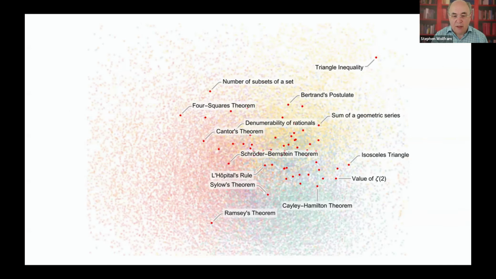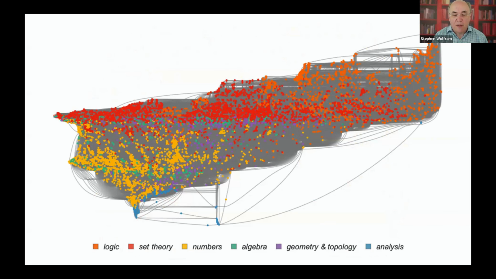But I think there are many things to say about how higher level mathematics of the kind that humans understand emerges from this very low level structure of all of these axiomatic steps. It actually turns out to be directly analogous to the way that physical space emerges from underlying discrete structures.